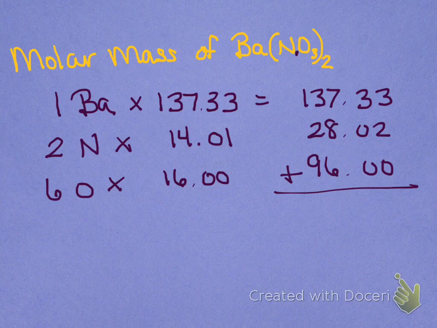I'm going to add these all together: 96 plus 28.02 plus 137.33. I get 261.35 grams per mole. All right, so that is how I calculate the molar mass of barium nitrate.